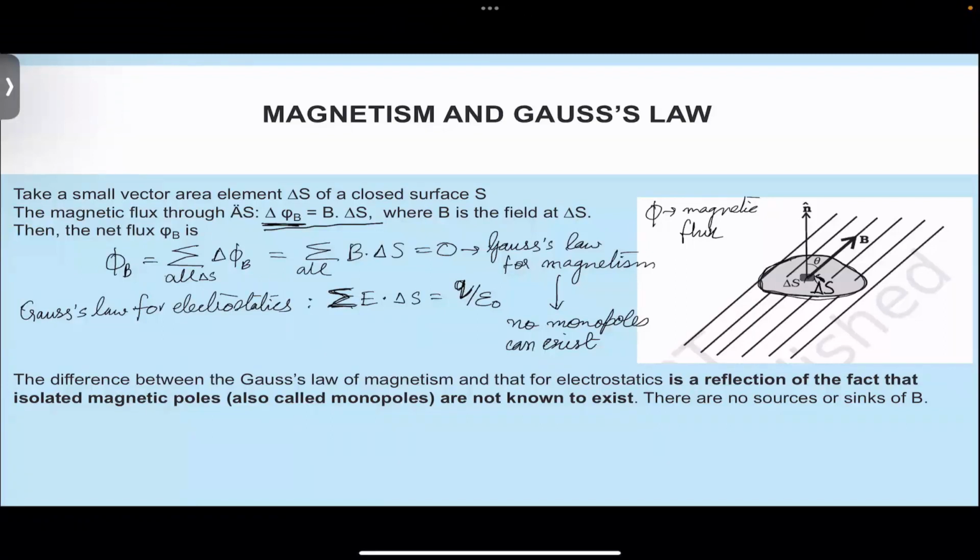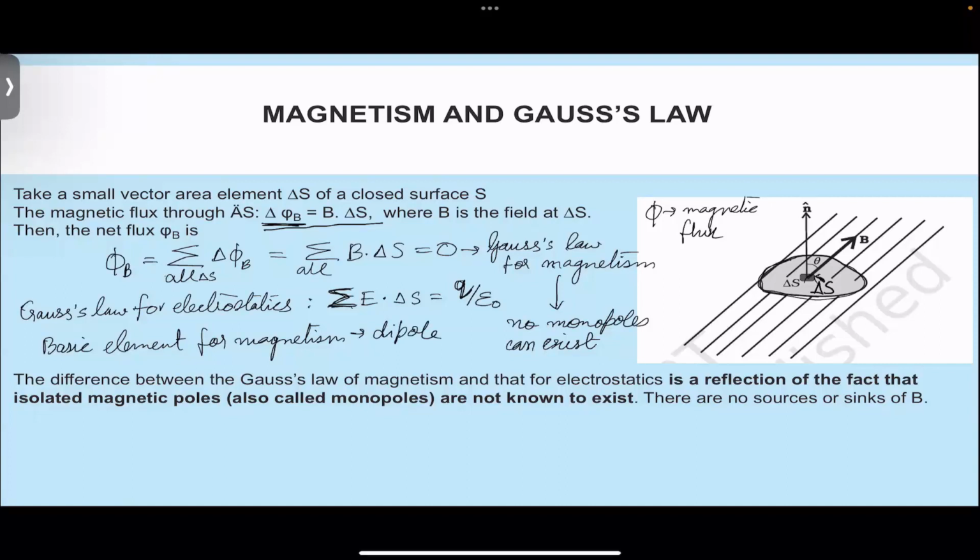For electrostatics, the basic element is a charge, but for magnetism, the basic element is the dipole only.